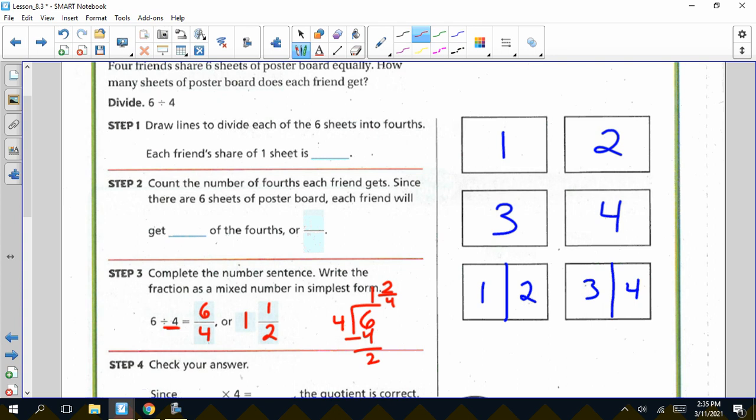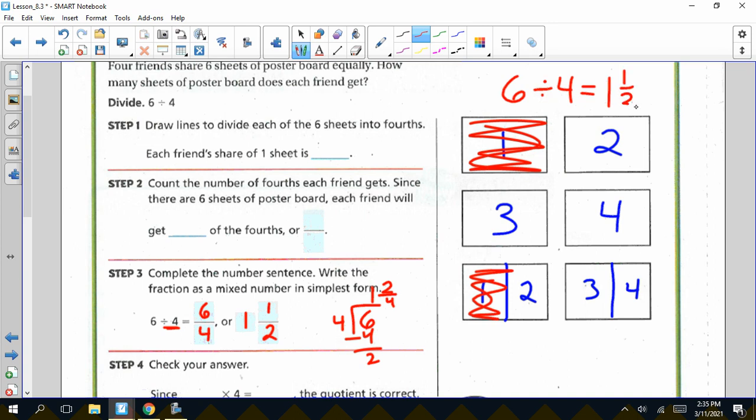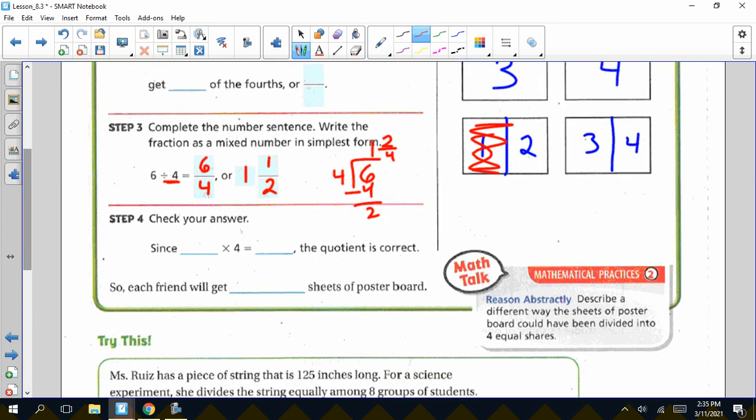Each person would get a whole sheet and half of another one. So 6 divided by 4 is going to give us 1 1/2, which is what we showed here.